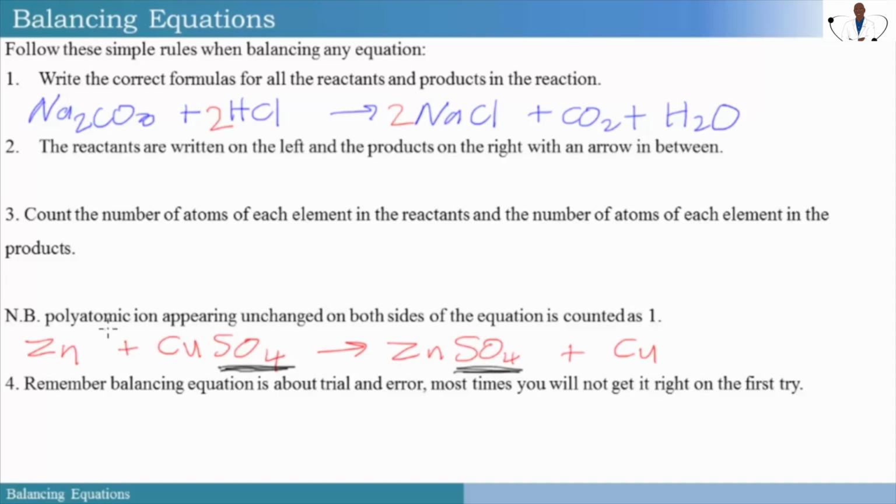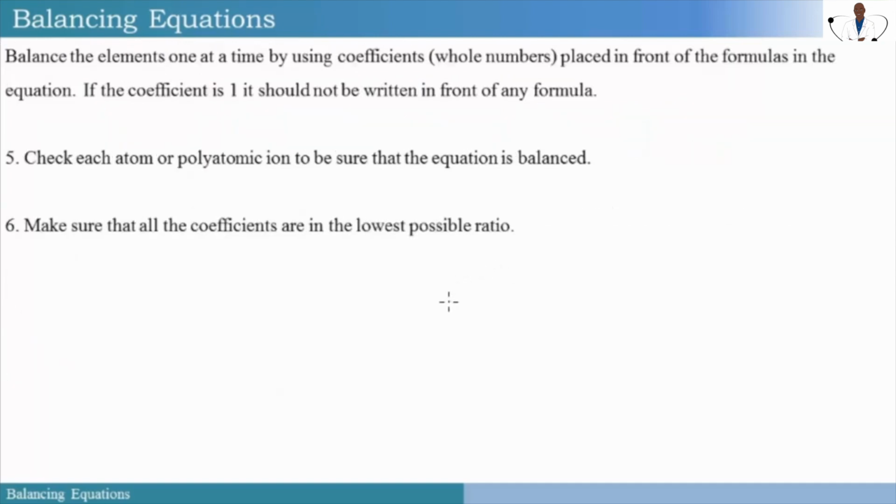But for a polyatomic ion, if it appears on both sides of the equation unchanged, then it is very simple for us to treat the polyatomic ion as one thing and just count it as 1 instead of separating the atoms in that polyatomic ion. Just as a reminder, when we balance with coefficients, which are our whole numbers, they are normally placed in front of the formulas.